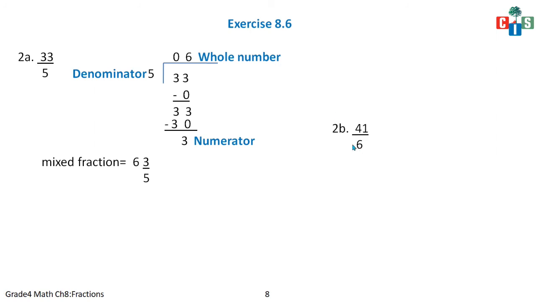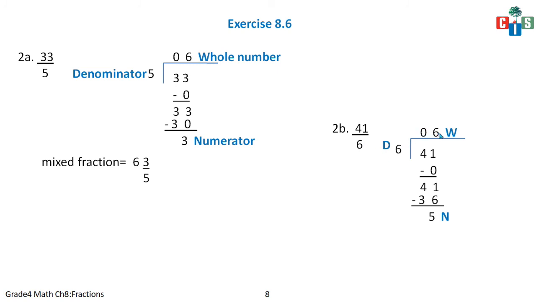Now taking the next question, that is 41 by 6. So you will divide it. 41 divided by 6. So 6 zeros are 0 first of all and then you will get 41, and 6 6s are 36 will be possible and you will get the remainder as 5. Now the 6 is the whole number, the 5 is the numerator and the 6 is the denominator.